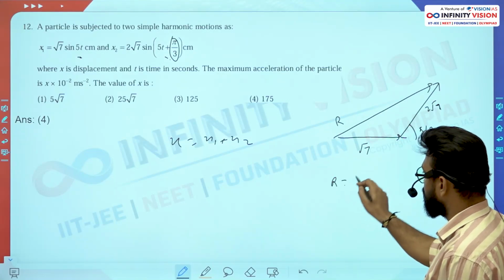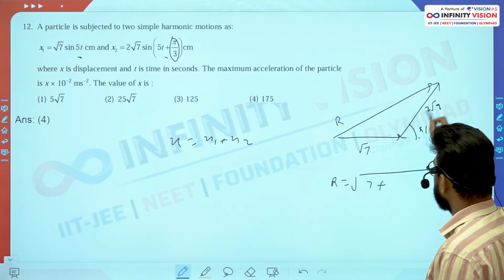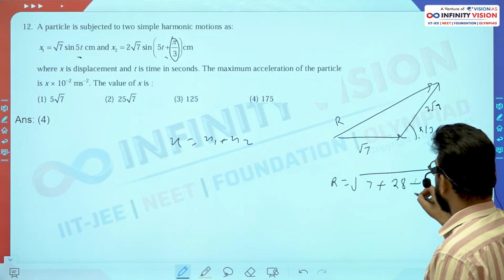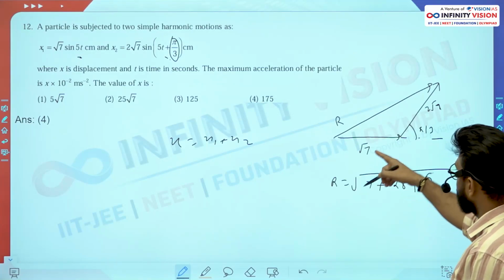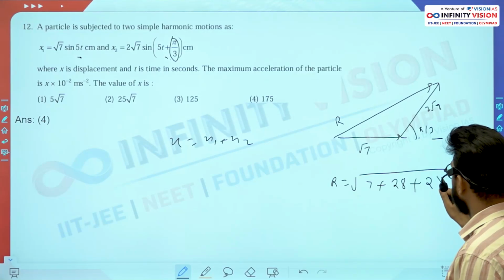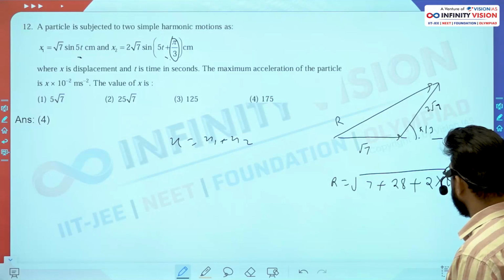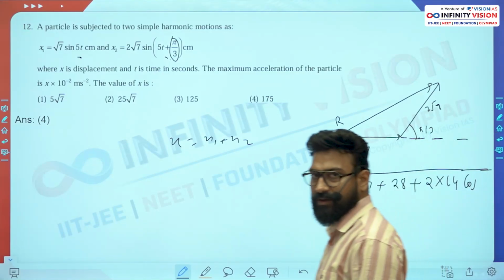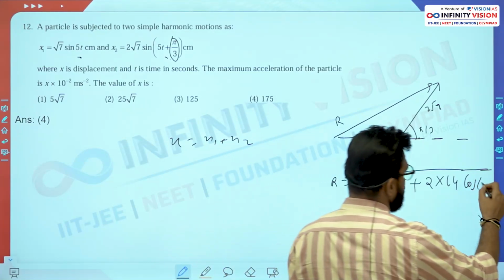So the resultant comes out to be the square root of this whole square, which is 7, plus the square of this, which is 2 to the 4, 4 times 7 is 28, plus 2 A1 A2 cos of the angle between them. This comes out to be 2 A1 into A2, which is 2 into √7 into 2√7, which is 28, cos pi by 3, which is cos 60 degrees.